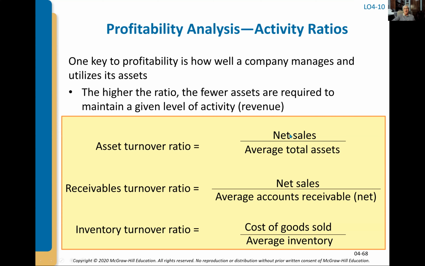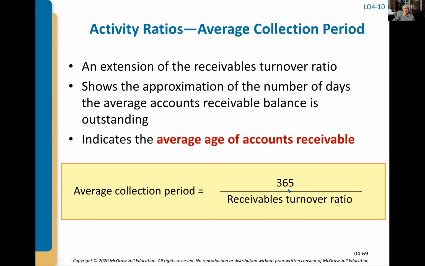Let's say net sales divided by accounts receivable was 6.0. Then if I come over here, 365 divided by 6, that's about 60. That would tell me that the average collection period for accounts receivable is about 60 days. So their terms must be around 60 days.